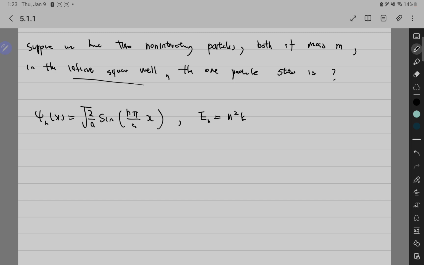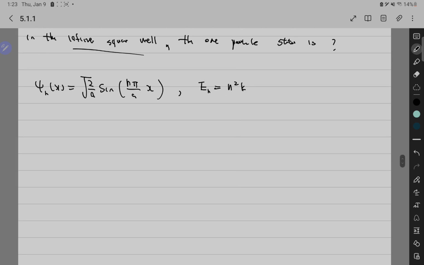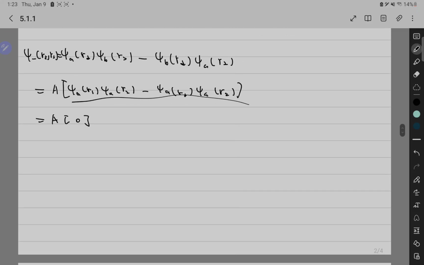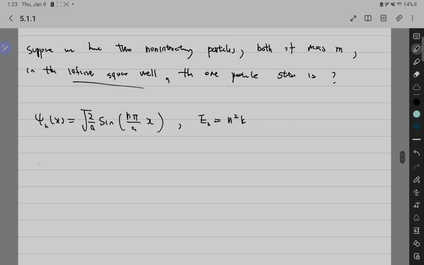So if the particles are distinguishable, with number 1 in state n1 and number 2 in state n2, then our wave function is a simple product of the two. I talked about this at the very beginning. So for this case, psi n1, n2 of x1, x2 is equal to the product, psi n1 times psi n2.